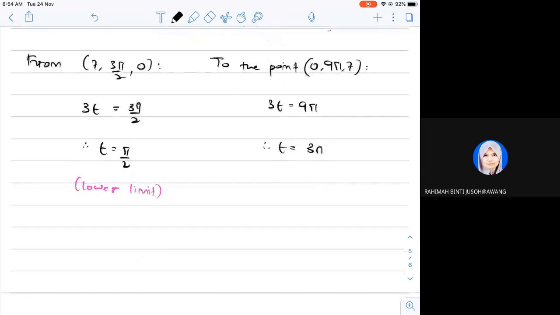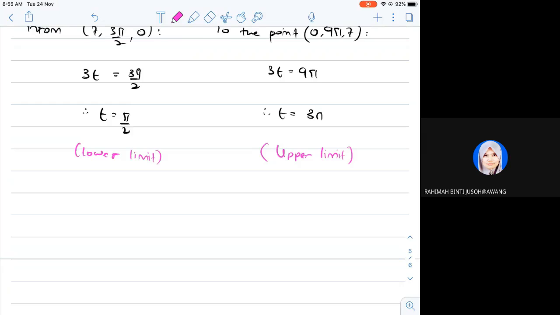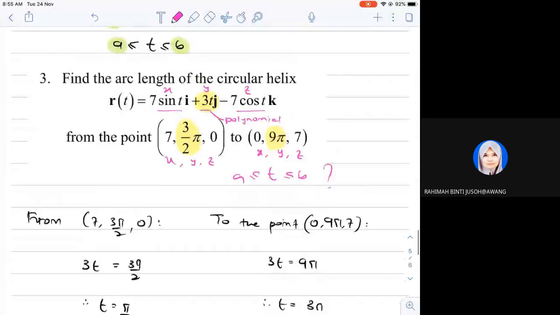This is the upper limit in our integration, limit atas. Therefore the interval is from pi over 2 until 3 pi. Understand? So this is the limit. Baru dapat limit.